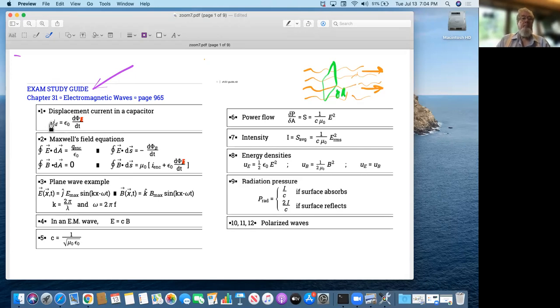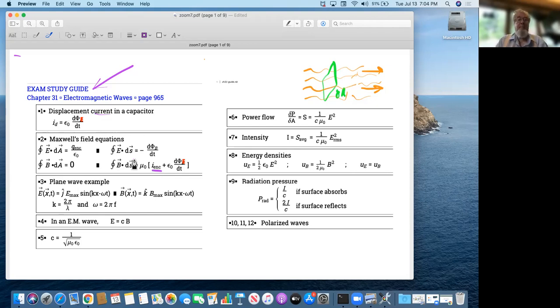The displacement current is epsilon zero, that electric constant, times the rate of change of the electric flux. And we refer to that as a current, or Maxwell called it a current, because it appears in Maxwell's equations in exactly the same way as the particle current.